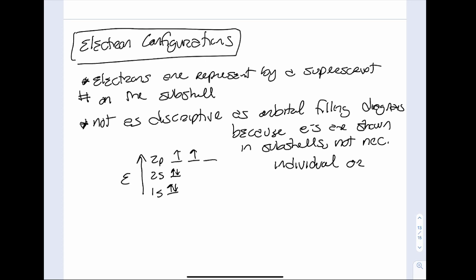So in the case of s's, putting them in a subshell and putting them in an orbital are actually going to be similar, right? There's only one s orbital per subshell. But with p's and d's and f's, not so much. So not as descriptive as orbital filling diagrams because electrons are shown in subshells, not necessarily individual orbitals.